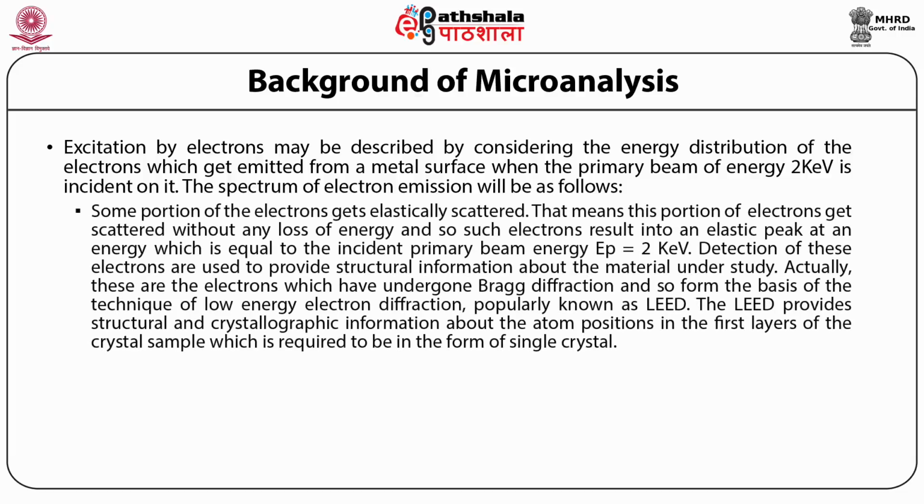Some portion of the electrons gets elastically scattered. That means this portion of electrons gets scattered without any loss of energy. And so, such electrons result into an elastic peak at an energy which is equal to the incident primary beam energy EP equal to 2 keV.